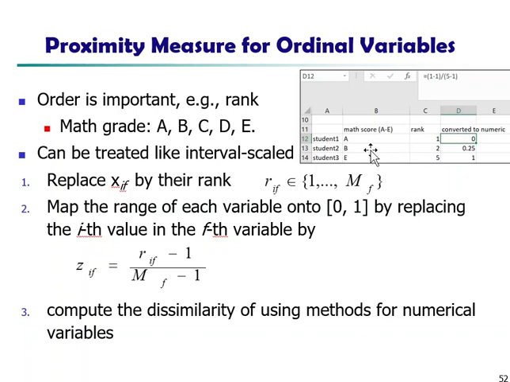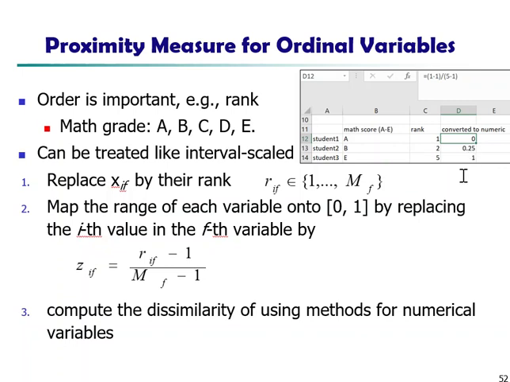Student B, we do the same thing: 2 minus 1 divided by 5 minus 1, giving a value of 0.5. And lastly, for 5, we have 5 minus 1 divided by 5 minus 1, which gives us 1. So we basically converted A, B, E to values in the range of 0 to 1.